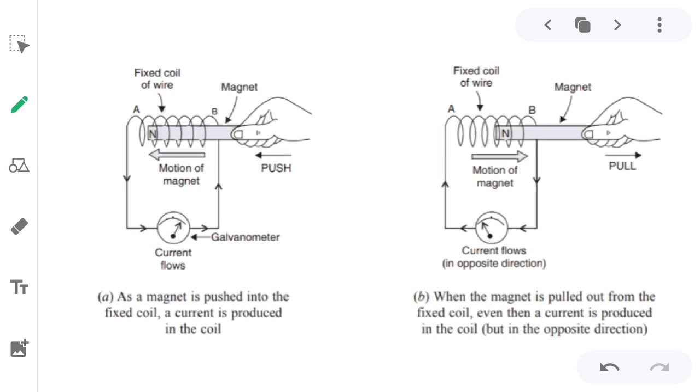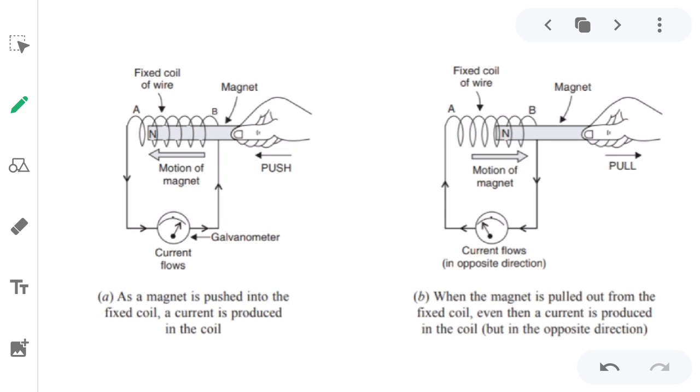Here in this picture you can see a person moving a conductor in a coil. When we move a magnet through a coiled wire, current is induced.